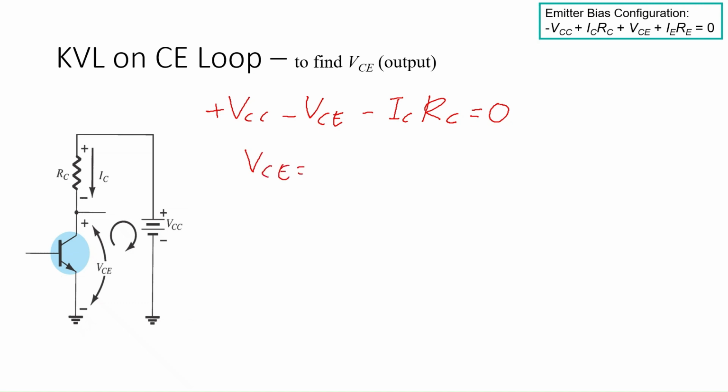So VCE equals VCC minus IC RC. If we compare the KVL for the fixed bias configuration and the emitter bias configuration, the difference is only the term IE RE. For the fixed bias configuration, we have no RE, meaning RE equals 0. That's why you get this equation without IE RE.